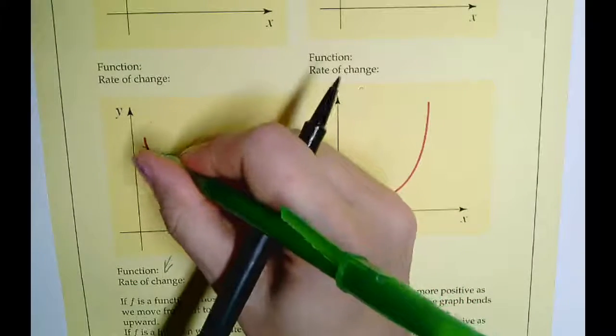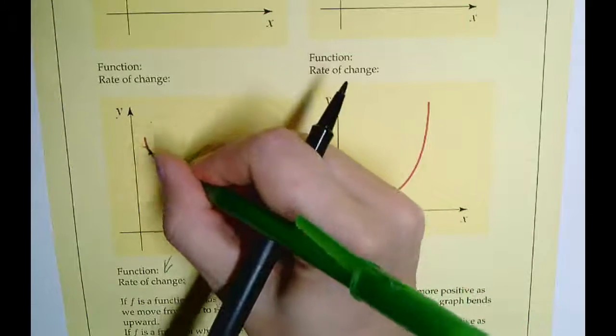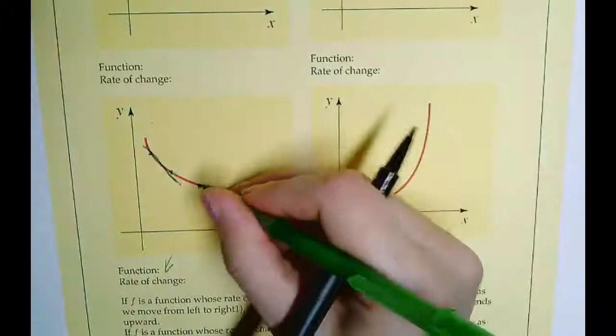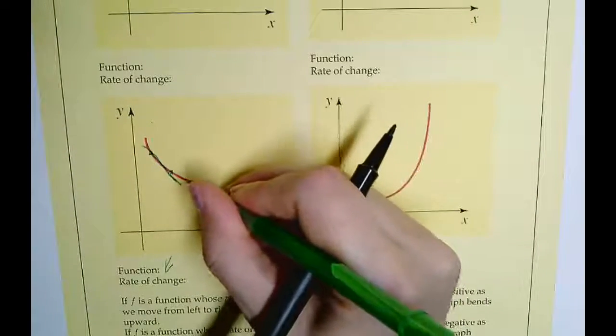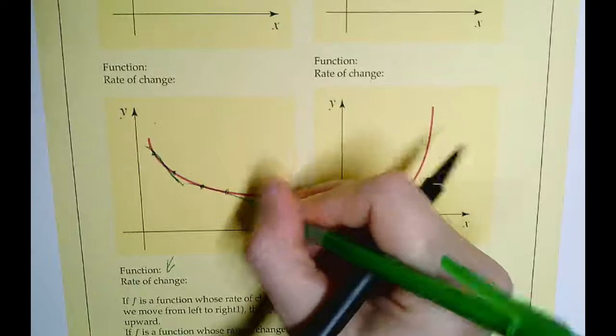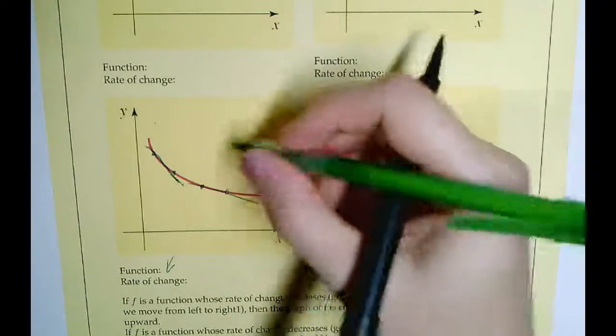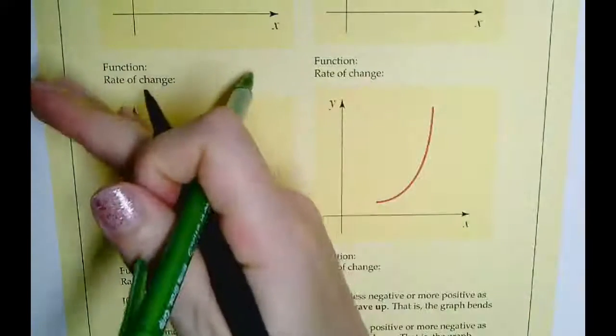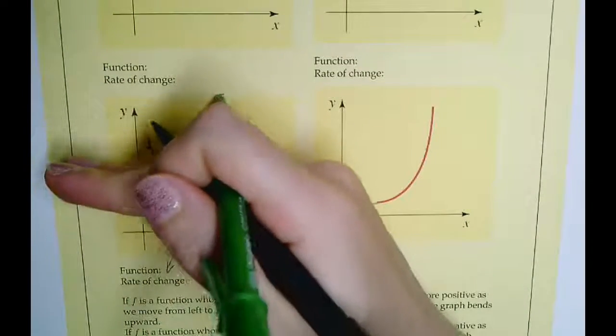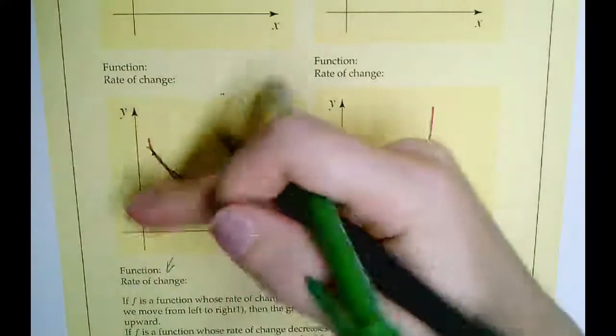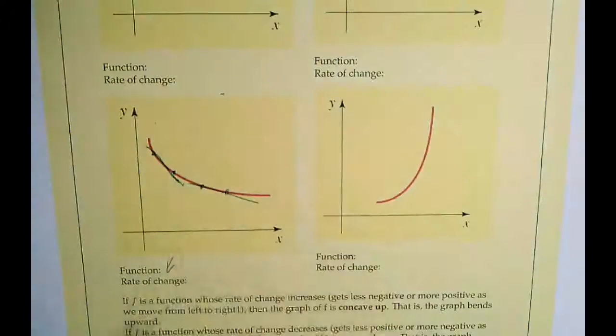If I look between these 2 points, the rate of change is going to be the slope of this line. And then if I look between these 2 points, the rate of change is going to be the slope of this line. So basically, the slope is this, and then the slope is that, and the slope gets less and less steep.